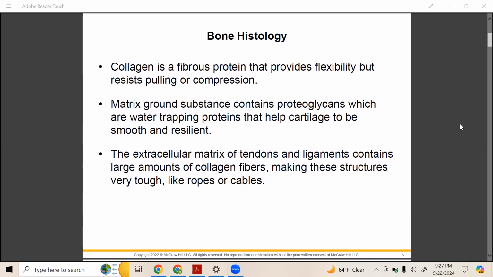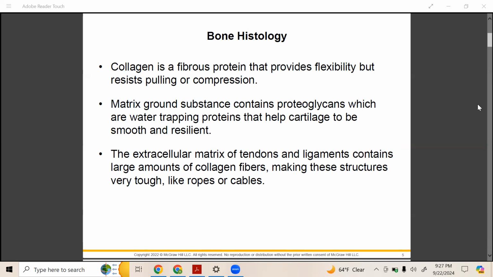So as we said before, collagen is a fibrous protein, and it gives a lot of flexibility, but also strength. So it primarily resists pulling or compression. So it gives bone some of its strength. The ground substance itself contains these crystals known as proteoglycans, and these trap water and they help cartilage more than bone become smooth and resilient.